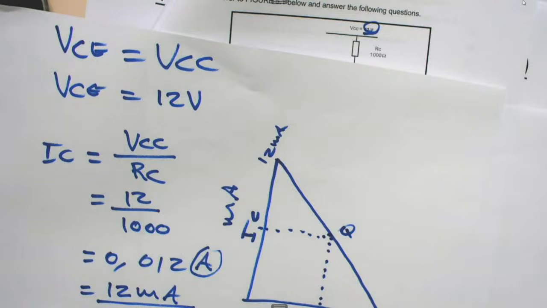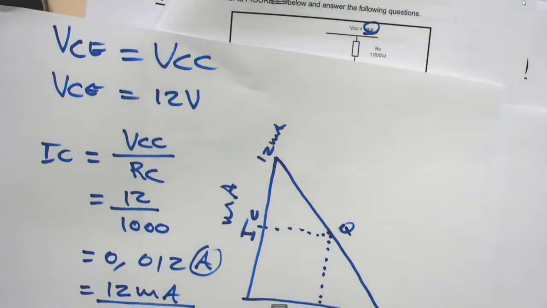They would sometimes ask what will happen to the supply current if VCC is increased. Normally, by Ohm's law, we say current is directly proportional to our voltage. So if our voltage increases here, it simply means our current will also increase.